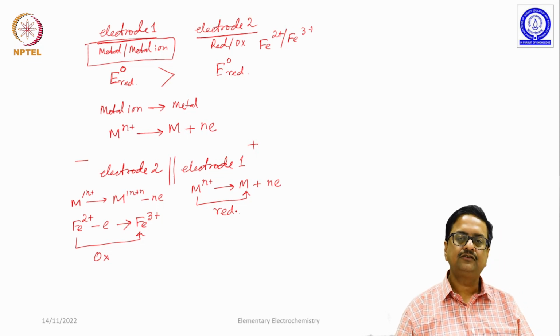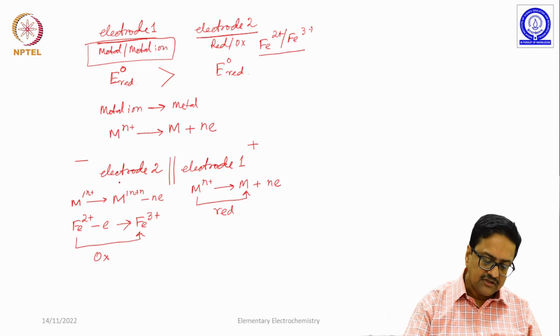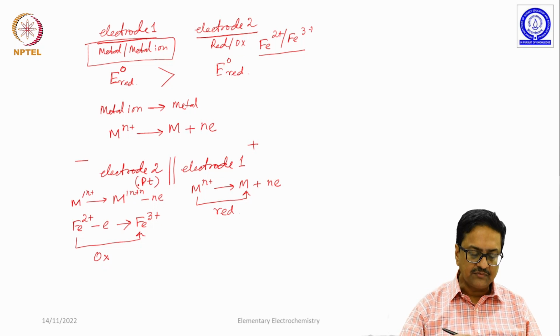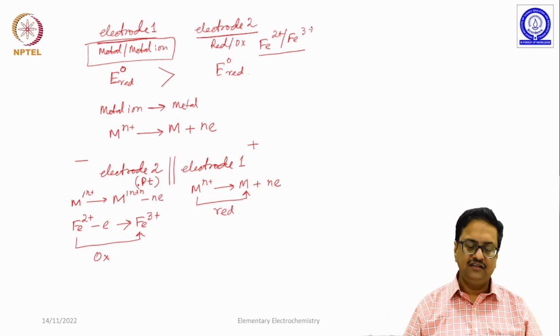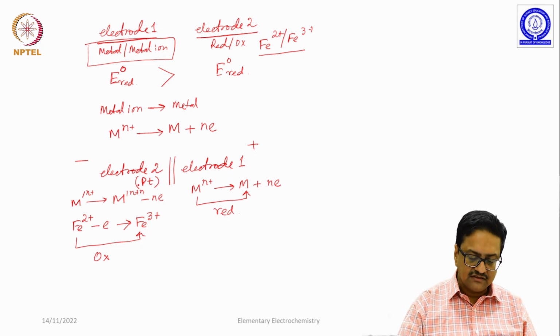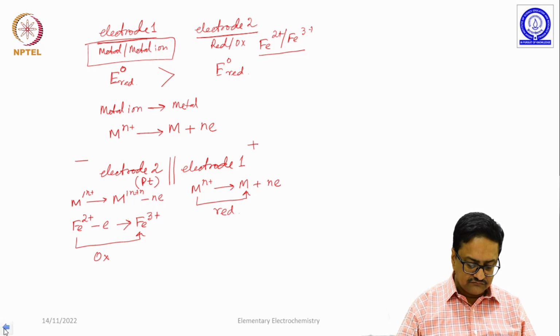Now you see this electrode 2 is a redox electrode, so here you have to have, in addition, a platinum which is used to conduct electricity. You have to apply platinum as the electrode metal, and the corresponding electrode reaction is happening between ferrous and ferric.